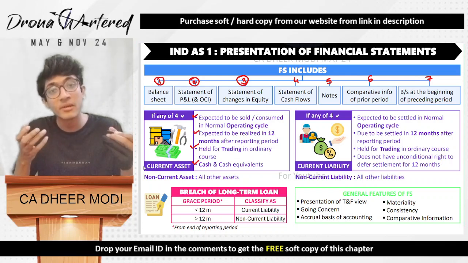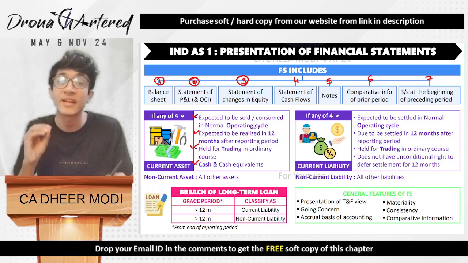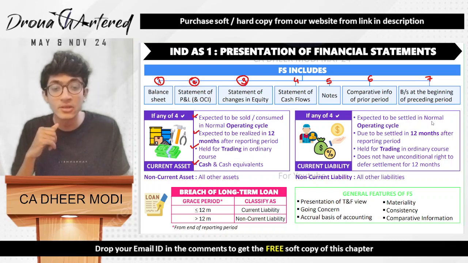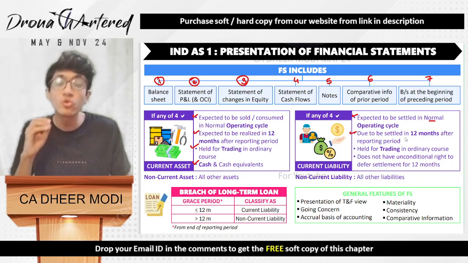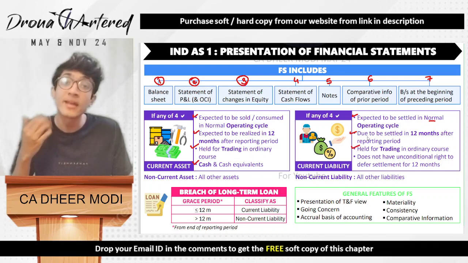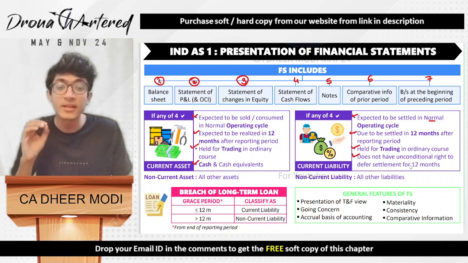Next is current liability, which is very similar. If any of the four conditions is satisfied: if it is expected to be settled in your normal operating cycle; if it is due to be settled within 12 months after the reporting period; if it is held for trading in ordinary course; and last, if you do not have an unconditional right to defer settlement for 12 months.